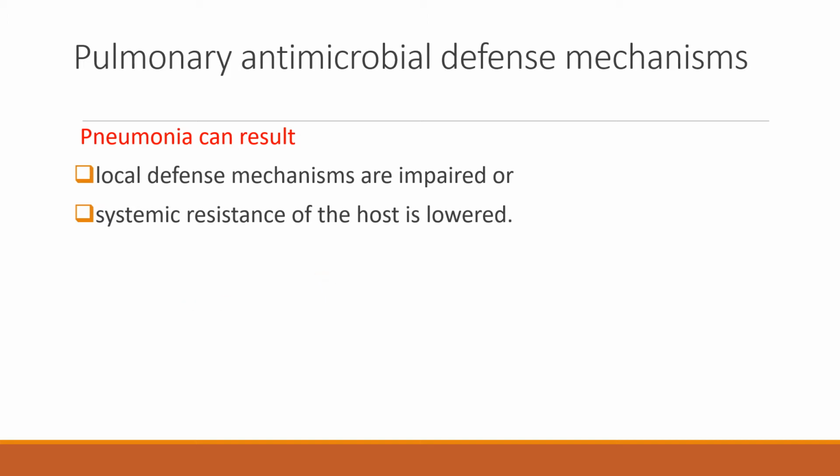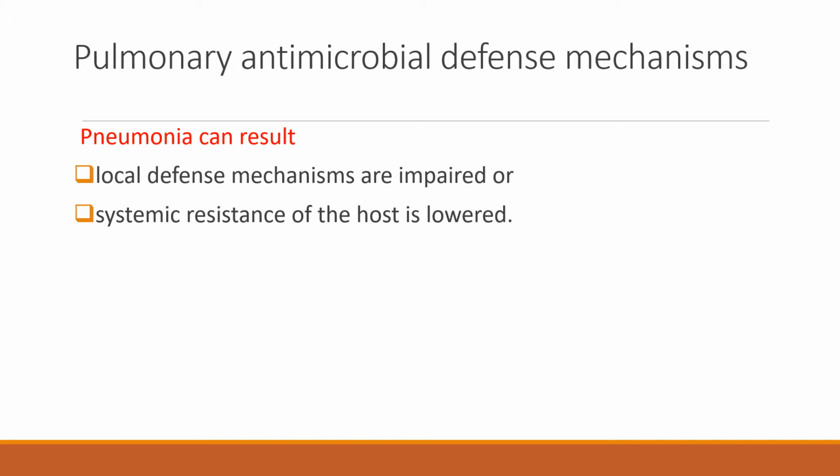So pulmonary antimicrobial defense mechanisms protect us against infection, and these include the mucociliary blanket and alveolar macrophages. So how do they protect? A plethora of microorganisms including viruses, bacteria and fungi are inhaled daily, mainly in dust or aerosol particles, and the distance these particles travel into the respiratory tract is inversely proportional to their size.